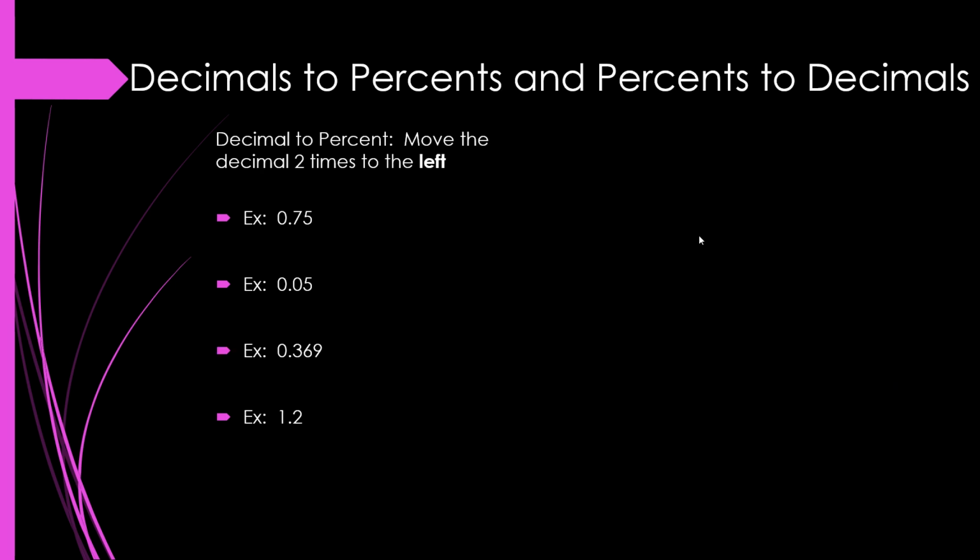All right, next we're going to start talking about converting decimals to percents and percents to decimals. So when you are given a decimal like we have here, you need to move it 2 times to the left. To take any decimal and make it a percent, we're going to move it 2 times. So that would be 75%.